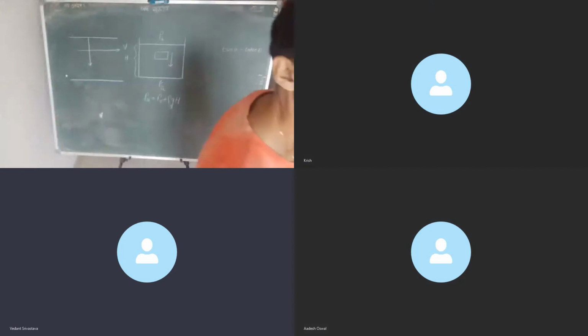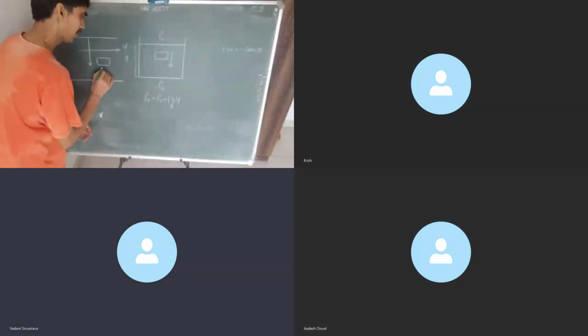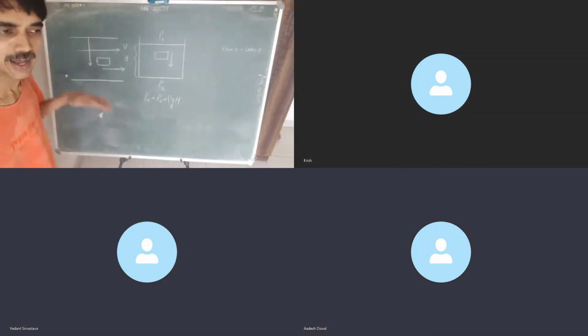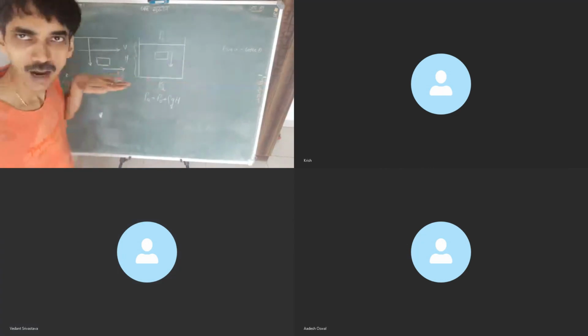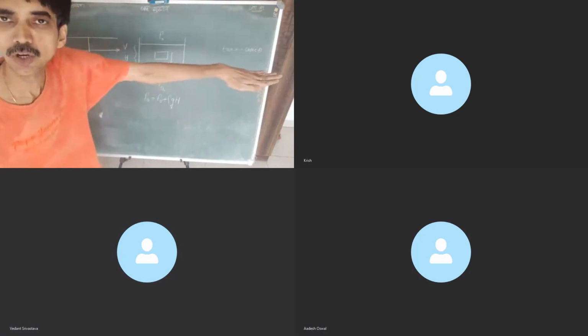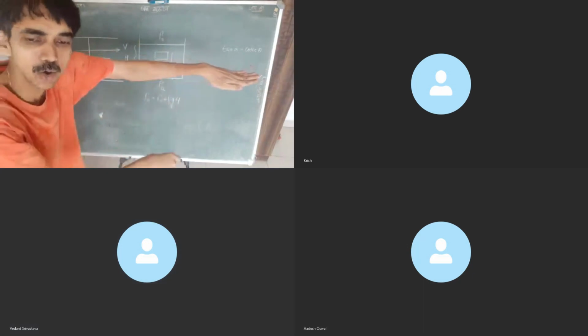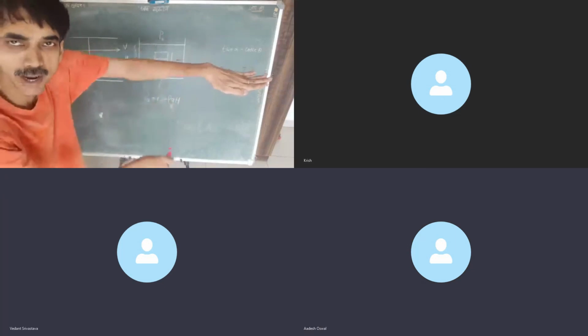The river is flowing in this direction, correct? And in this direction I don't have any issue, reason being I'm not moving in this direction. Which direction was I moving? I'm moving perpendicularly down towards the bottom of the river, perpendicular to the flow, correct?